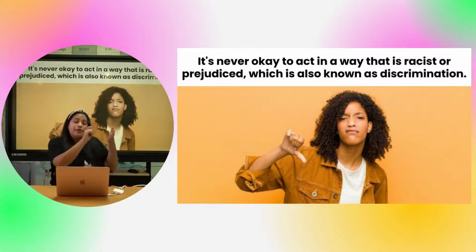So students, the person that wrote the book, they want us to know it's not okay to treat other people who are different from us in a way that is very mean or hateful. This is not okay.